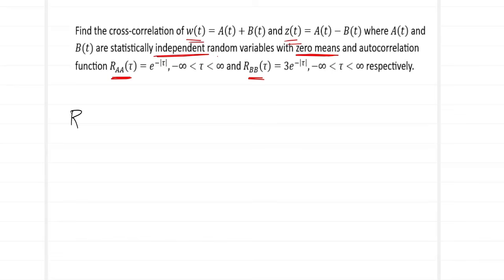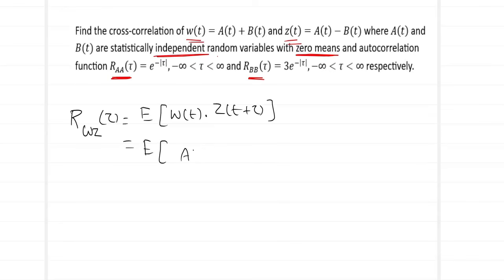So we will begin. The cross correlation is going to be given by R of W Z of tau. How do we evaluate this? As E of W of t into Z of t plus tau. Now copy your W of t from the problem, which is A of t plus B of t.